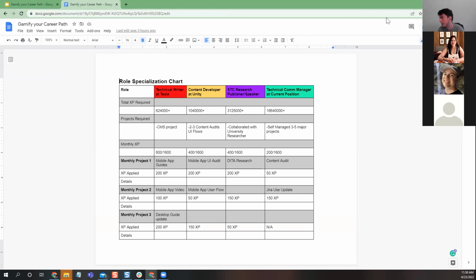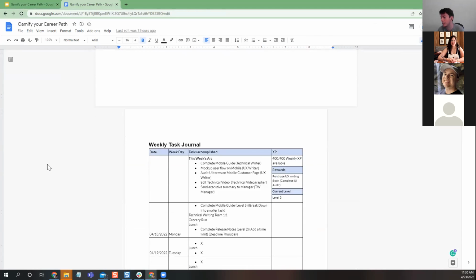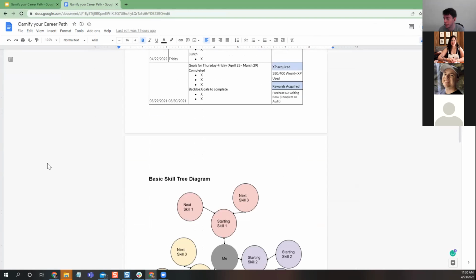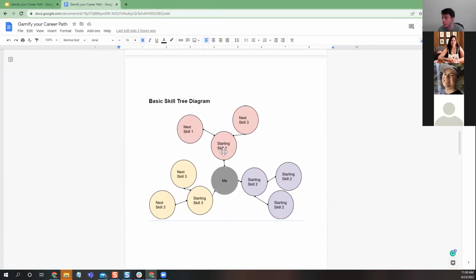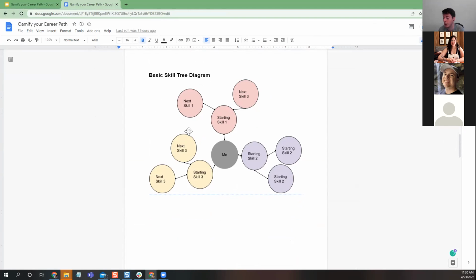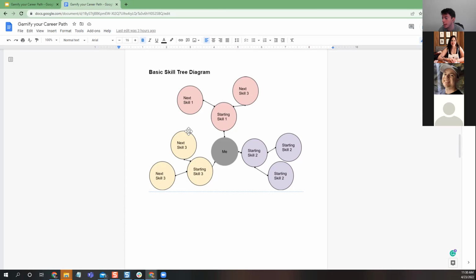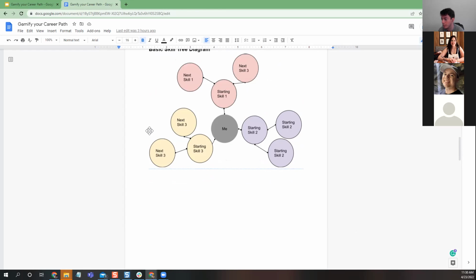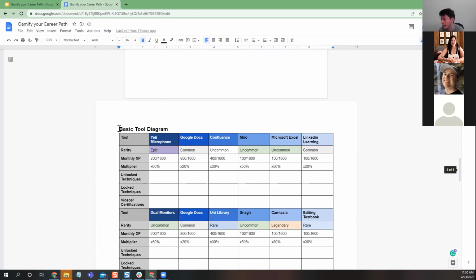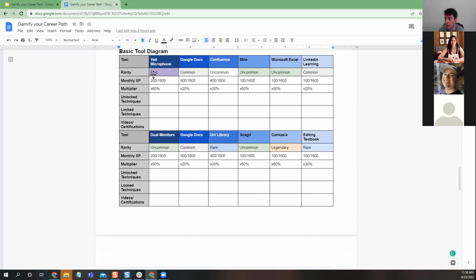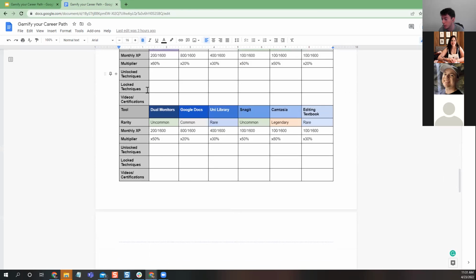I have this spreadsheet that I'm going to share with you guys that has each of these: a weekly task journal, a basic skill tree where you can put in your skills and start applying those concepts within Jira-type hours, and skill trees, like how can you improve upon the current tools that you use as a student or in your current workplace.